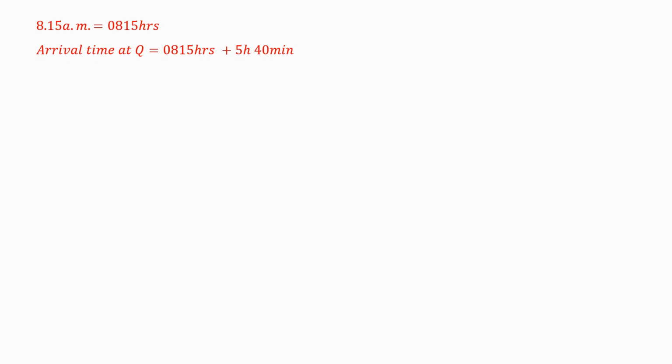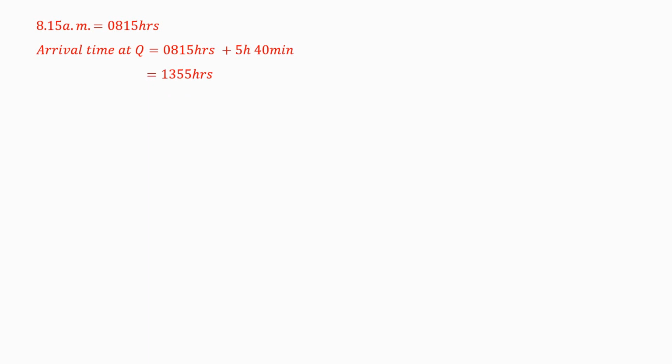In terms of addition, that will be a direct addition, since if you add the minute side, 15 plus 40 is 55, which is yet to be an hour. So the arrival time at Q is 13:55 hours.